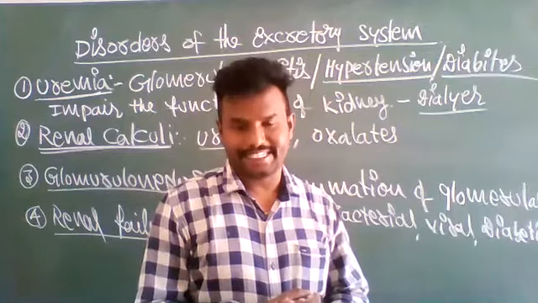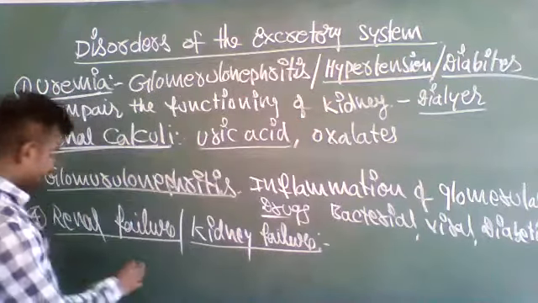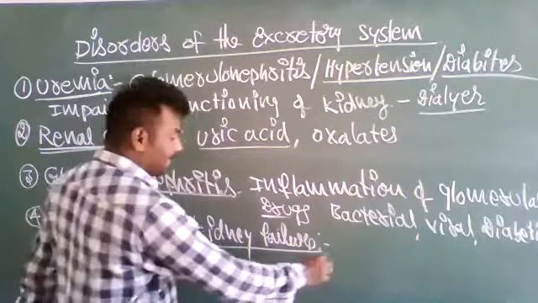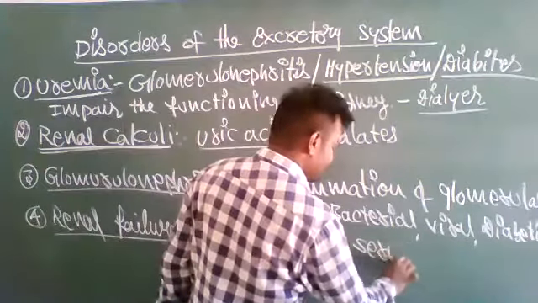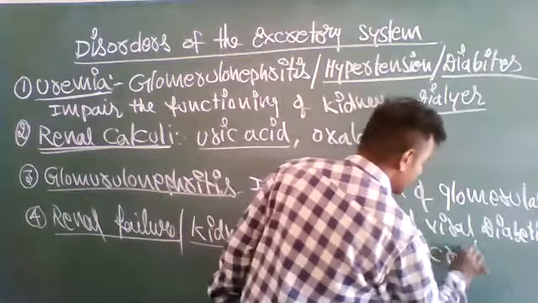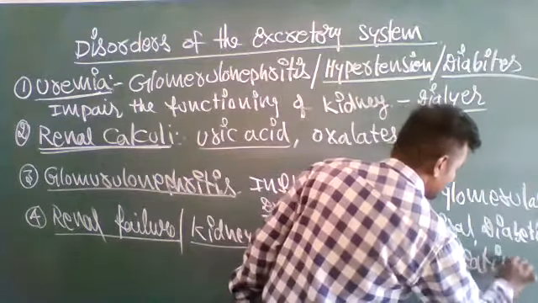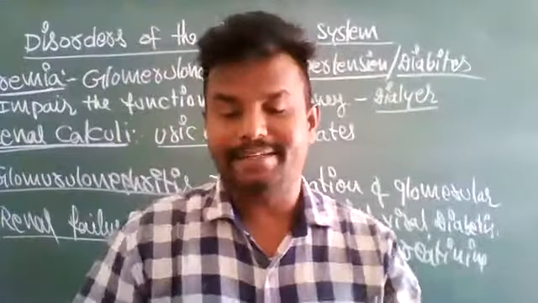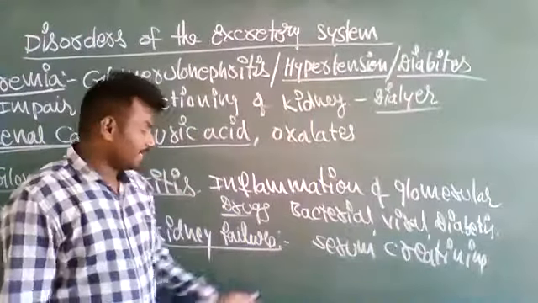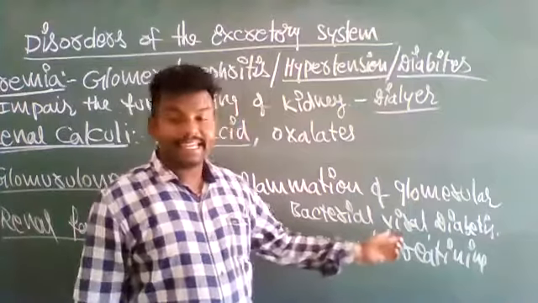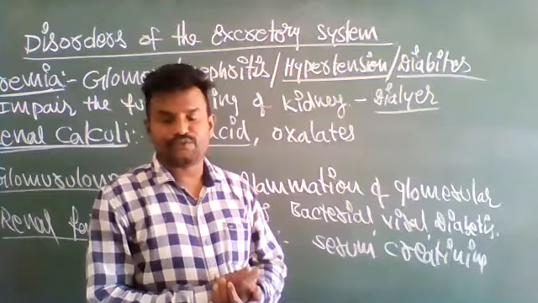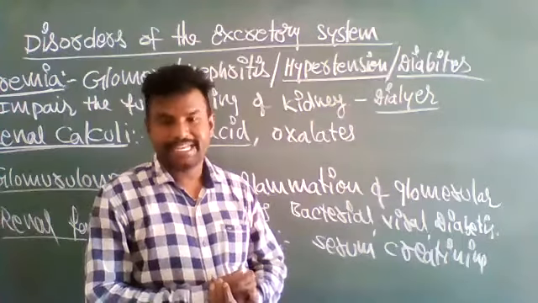Urea is increased, and also elevated serum creatinine. Excess creatinine in the serum also leads to renal failure.